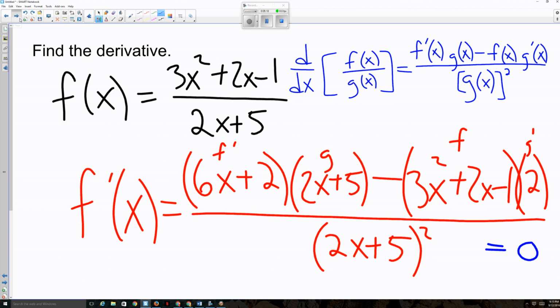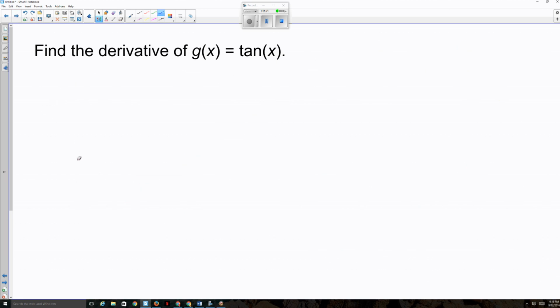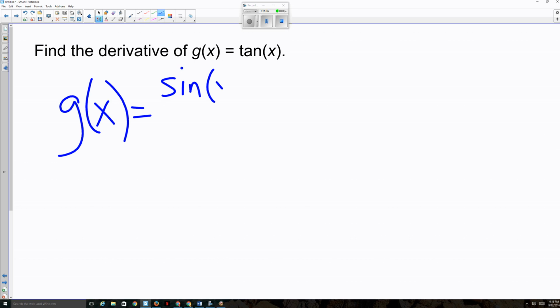All right. Now, why is the quotient rule really important? Well, I think it's important because it's going to help us find this derivative. Okay, so from trigonometry, you remember that tangent of x is equal to sine of x over cosine of x.